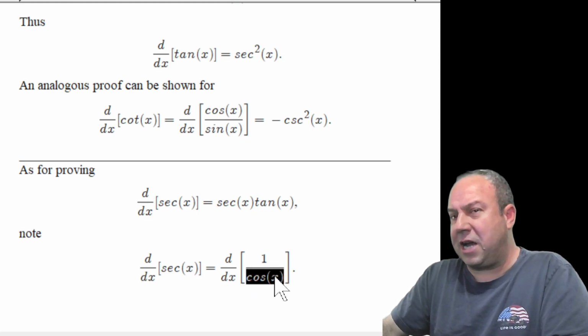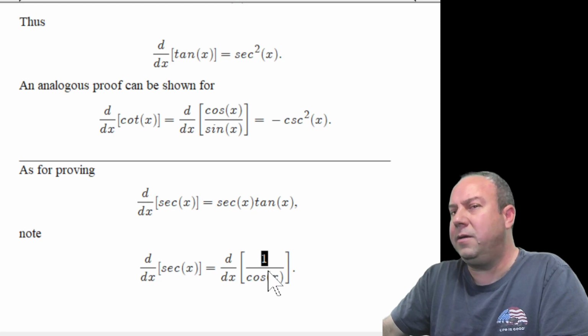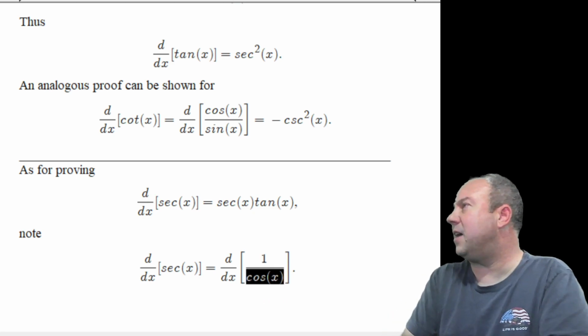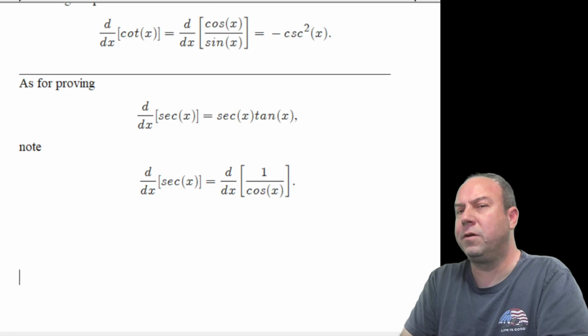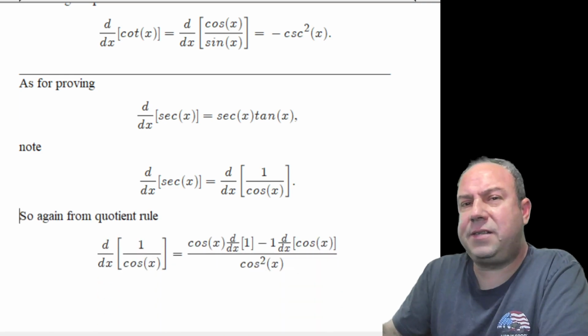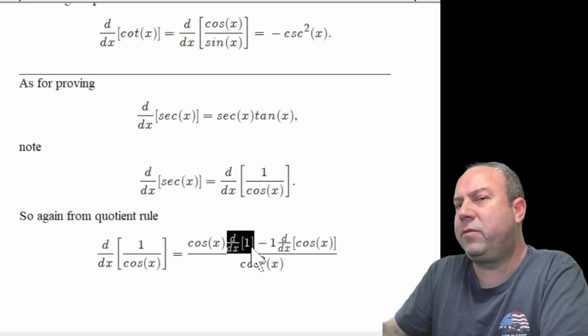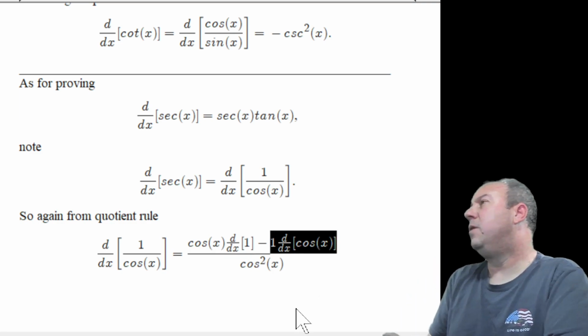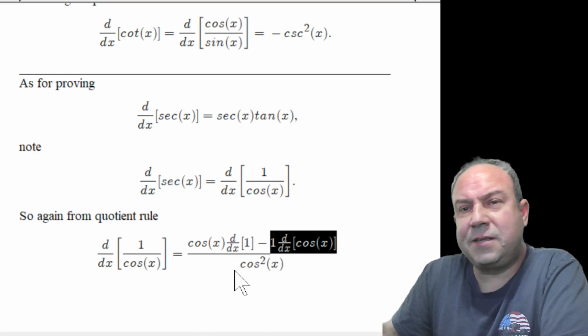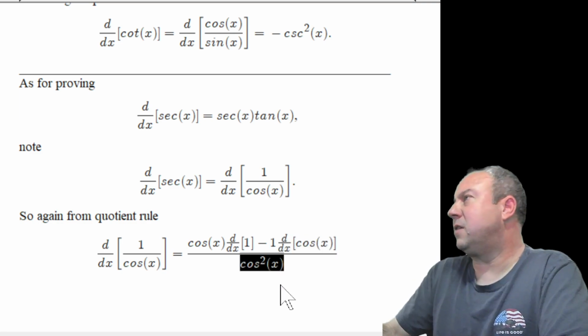So it's going to be cosine of x times the derivative of 1, minus 1 times the derivative of cosine x, all over cosine of x squared. So again, from quotient rule, it is the cosine of x times the derivative with respect to x of 1 minus 1 times the derivative with respect to x of the cosine of x, all over the cosine of x squared.